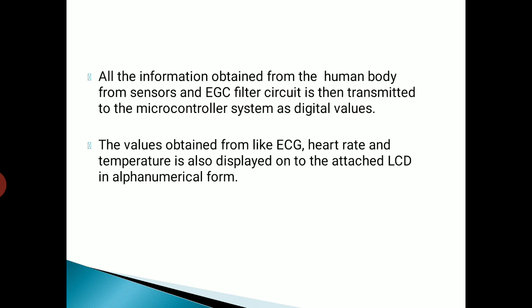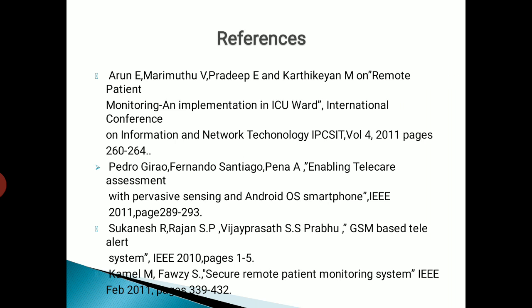All the information obtained from the human body from sensors and the ECG filter circuit is then transmitted to the microcontroller system as digital values. The values obtained from ECG, heart rate and temperature are also displayed on the attached LCD in alphanumerical form to the doctor or physician.